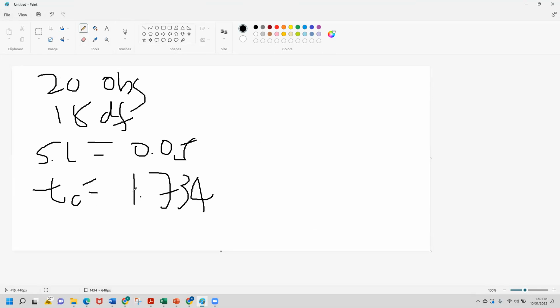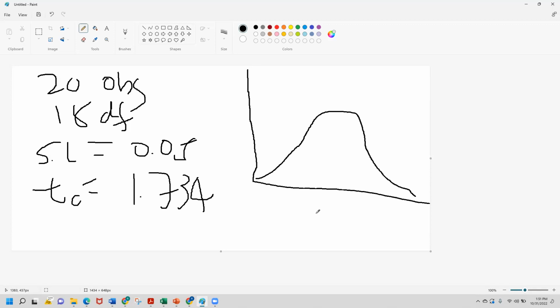Well, the probability of any t higher than 1.734 is less than 0.05, because it always decreases to the right, since the total area is 1. So if this shaded area is 0.05, then given our degrees of freedom, the cutoff should be 1.734.